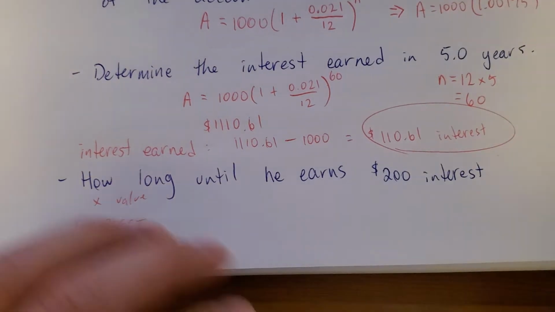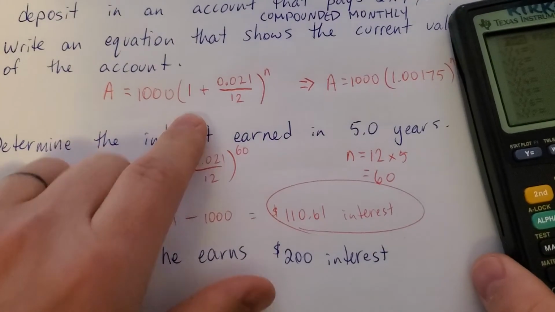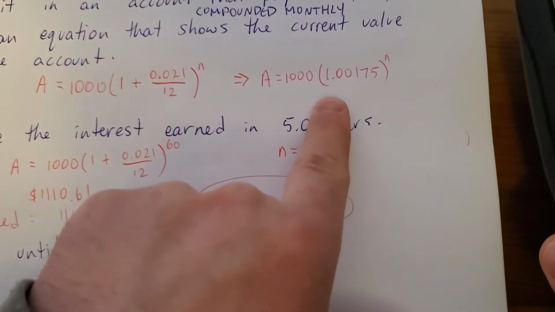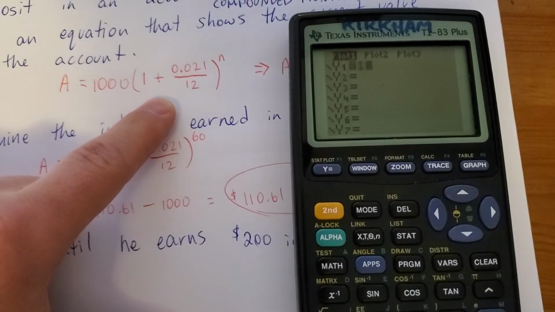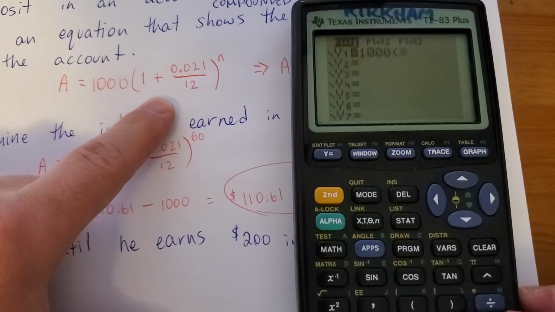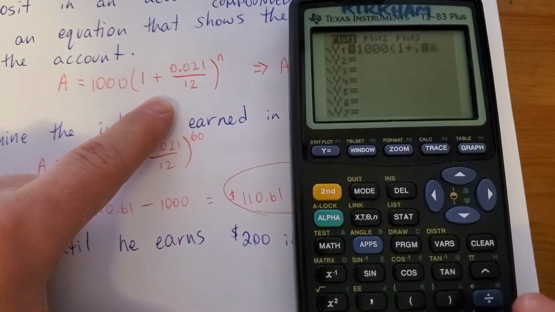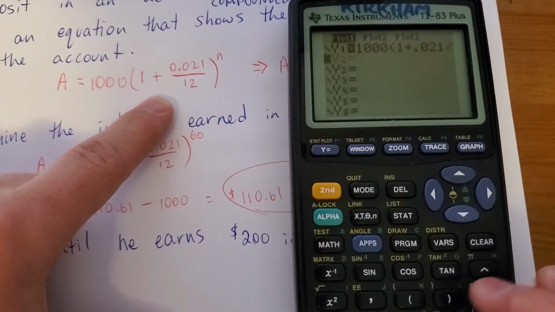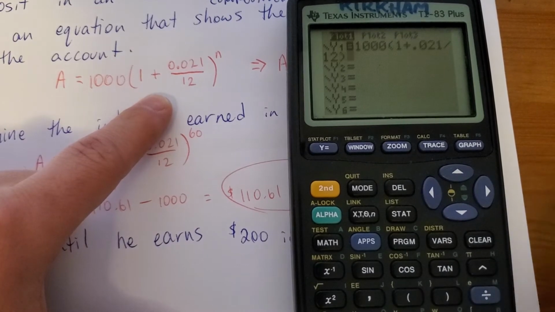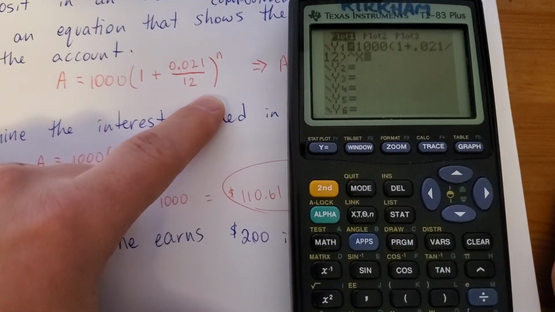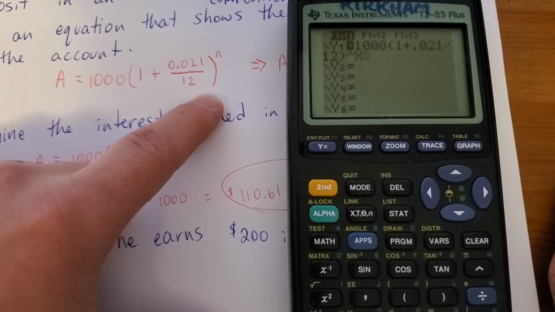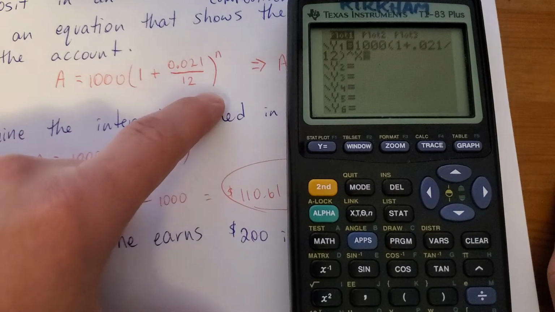So we are going to graph this, or this, whichever one you prefer. So put this into y1. Make sure you close the bracket. If you put to the power of x inside the bracket, it's going to be no good. So this is going to be an exponential curve that shows the value of the bank account.